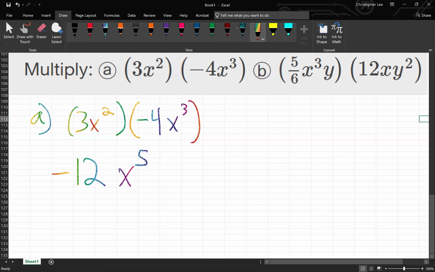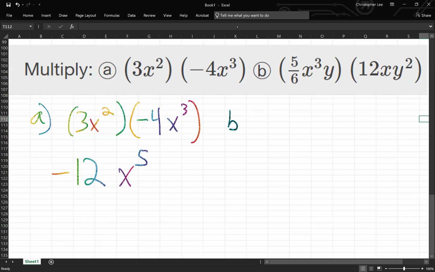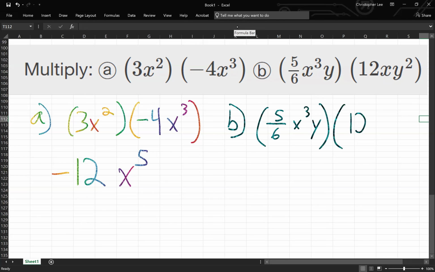Let's look at B. So what do I have? I have 5 over 6 x cubed y times 12xy squared. How do we do this?